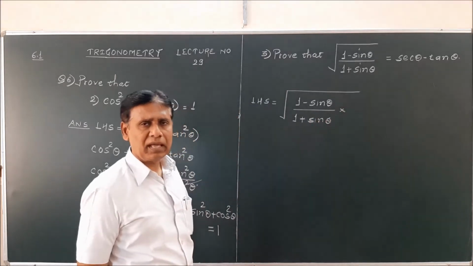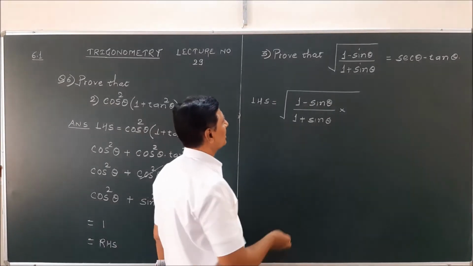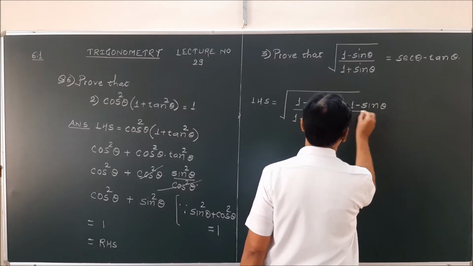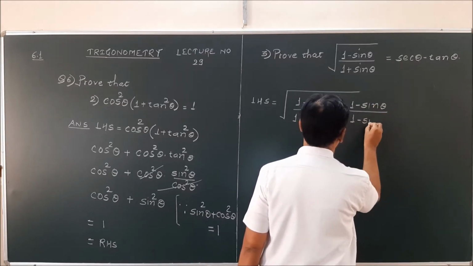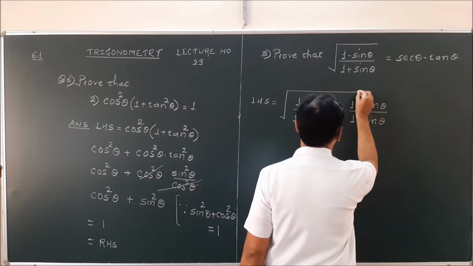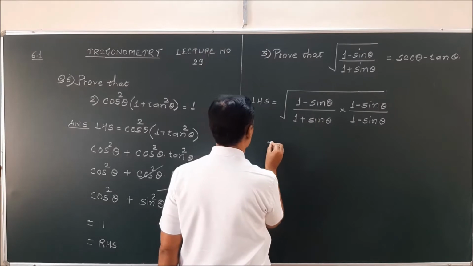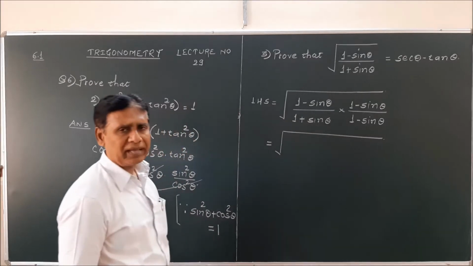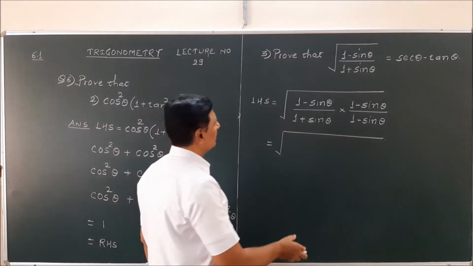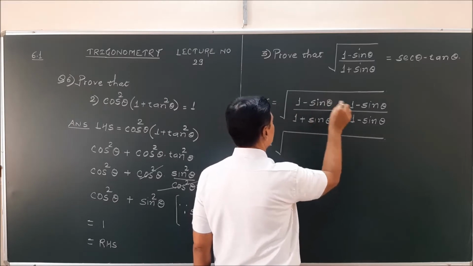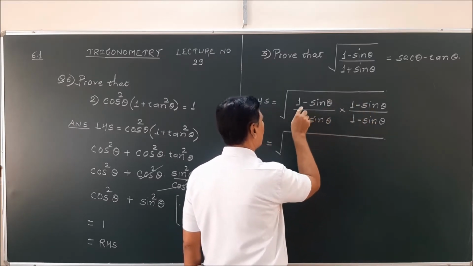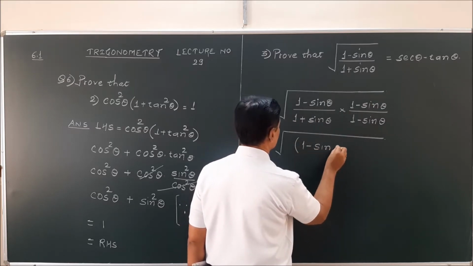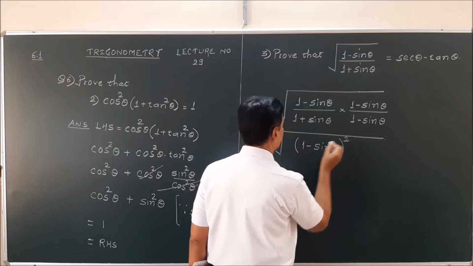I am going to multiply and divide by 1 minus sin theta. If we multiply and divide by 1 minus sin theta, you will find here also 1 minus sin theta, here also 1 minus sin theta. So 1 minus sin theta into 1 minus sin theta will give you 1 minus sin theta bracket square.